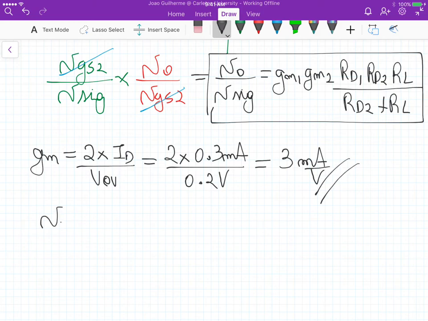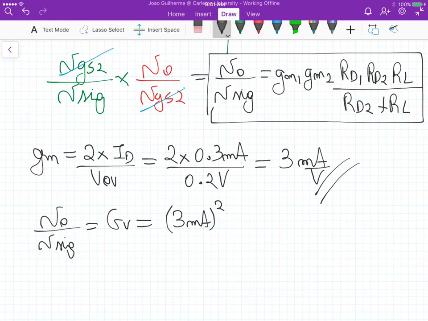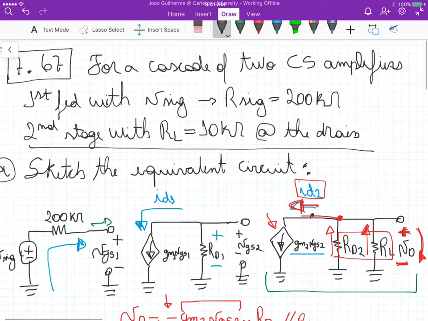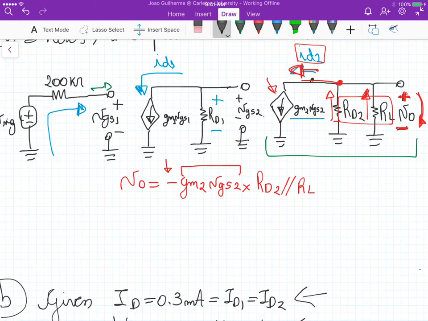So V out over V signal, which is equal to our overall voltage gain, is equal to 3 milliamps per volt squared times RD squared, because RD1 is equal to RD2. And actually the load resistance, if we go up there, is also 10K.